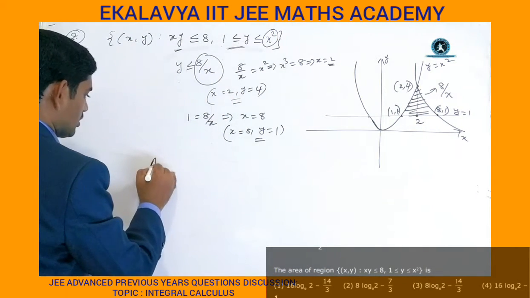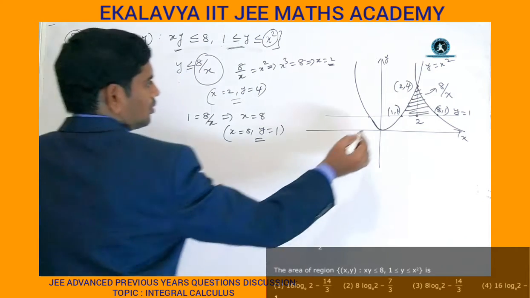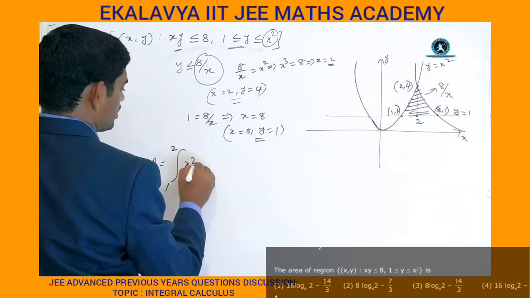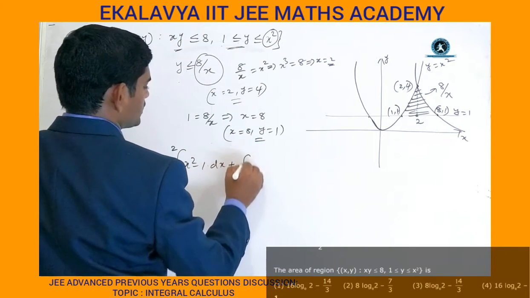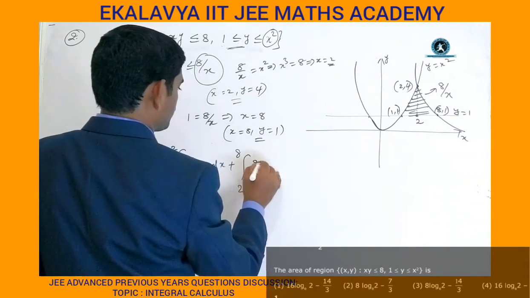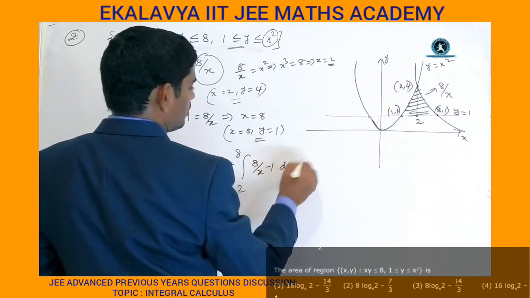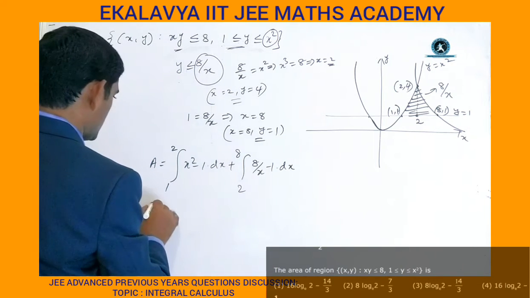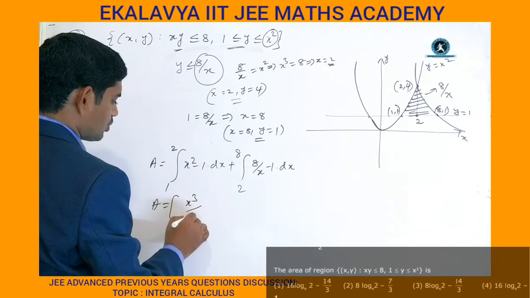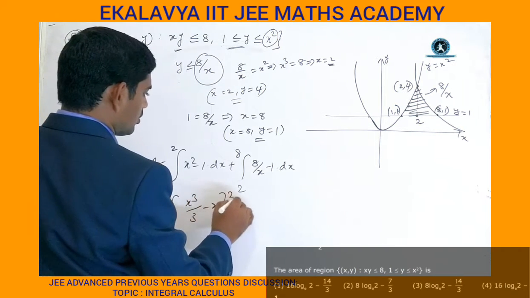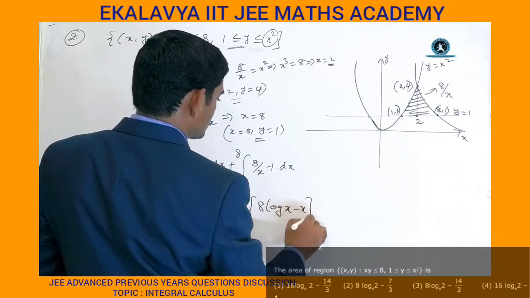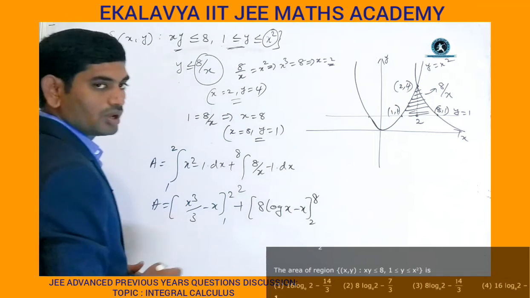So A is equal to the integration from 1 to 2 of x square minus 1 dx, plus the integration from 2 to 8 of 8 by x minus 1 dx. Now A is equal to x cube by 3 minus x from 1 to 2, plus 8 log x minus x with the limits 2 to 8.